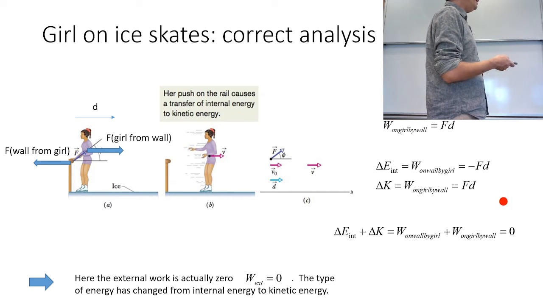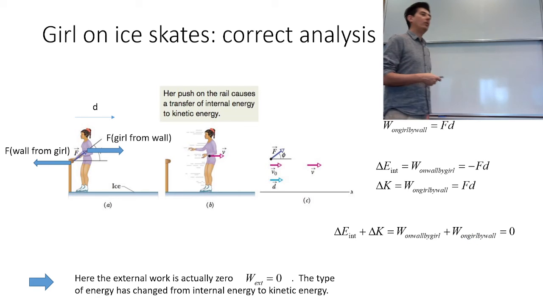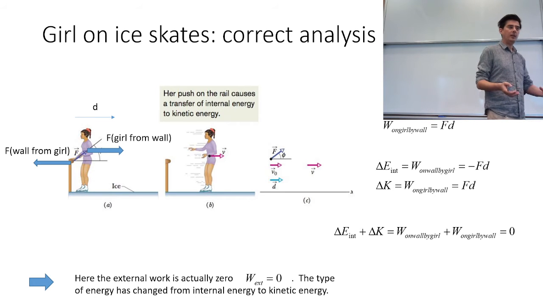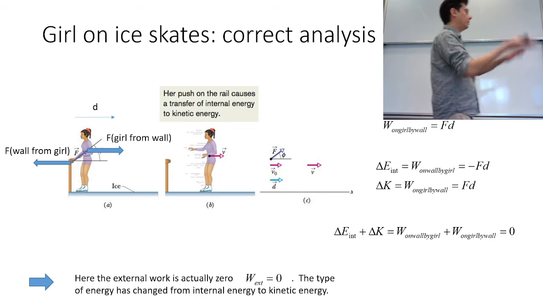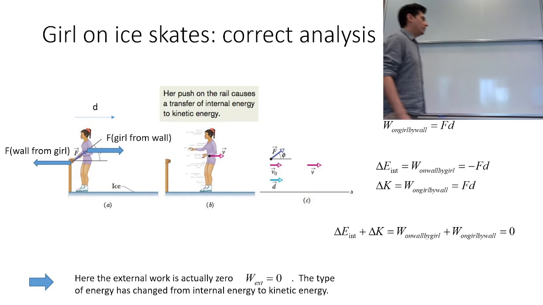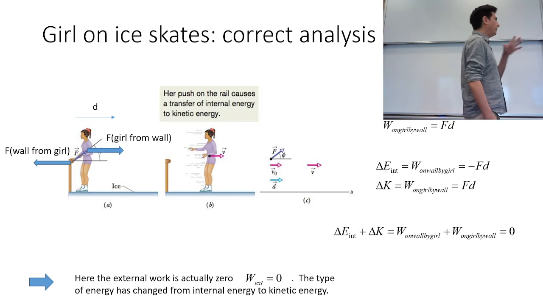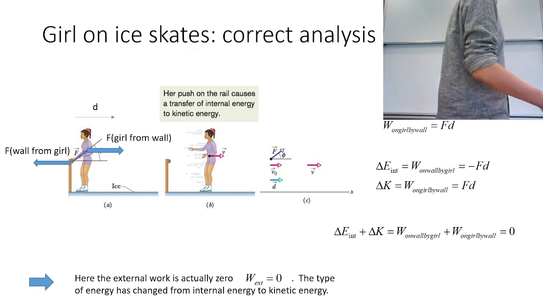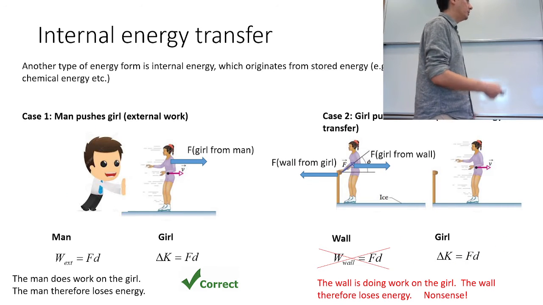And so in the end, the internal energy plus kinetic energy, the sum of those two, is equal to 0, as it should be, because the internal energy in her body is going down and the kinetic energy itself is going up, right? So those two balance each other. So we really need this idea of internal energy, otherwise we get something that looks like nonsense over here.